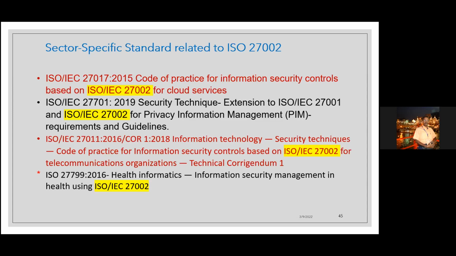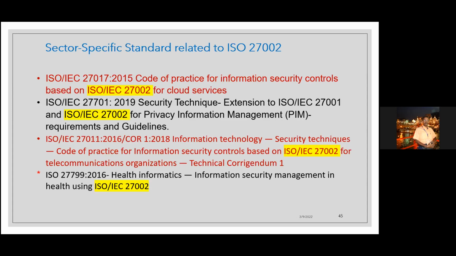And the third one is ISO 27011. This is Code of Practice for Information Security Controls based on ISO 27002 for the telecommunication organizations. I don't have much idea about what certificate there is for this, but this 27011 also needs to be implemented as per the 27002 controls.